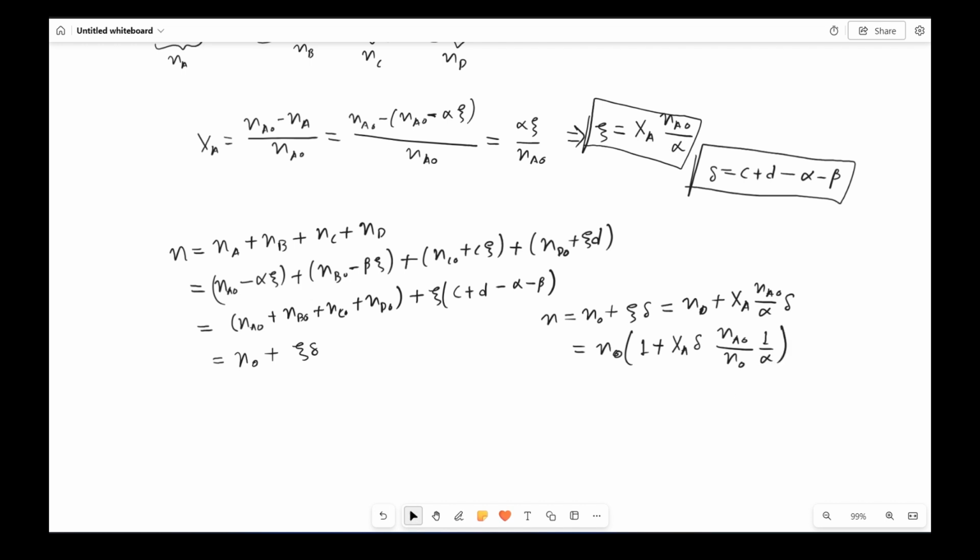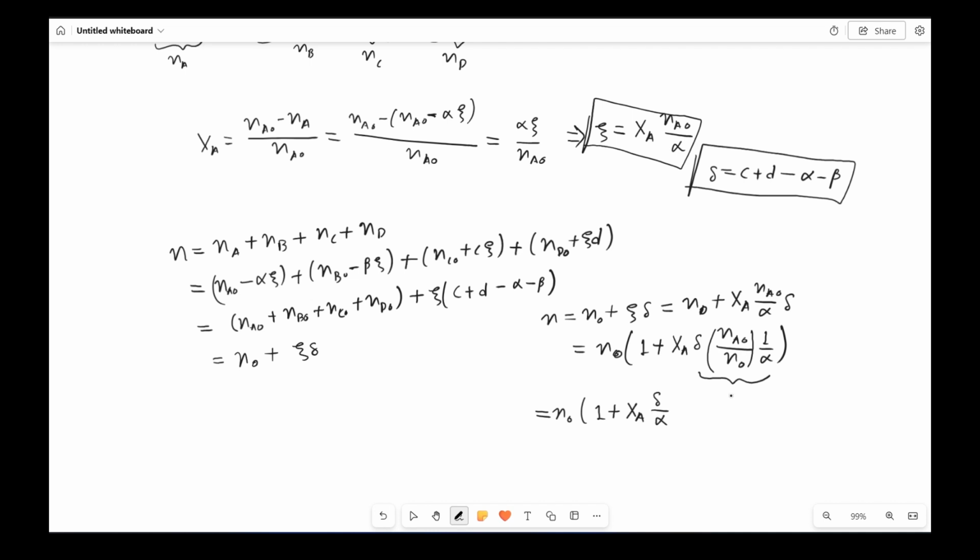Now see this quantity carefully. This na naught by n naught can be written as the mole fraction, which is the initial mole fraction. So 1 plus xa, x is the conversion, delta by alpha.